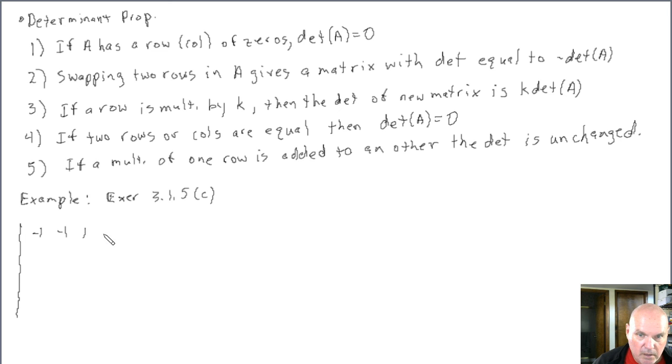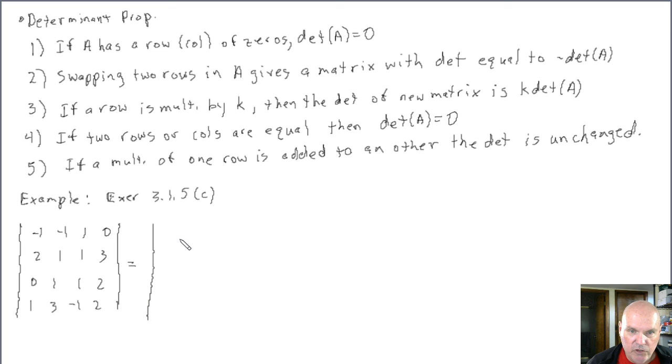The first row is -1, 1, 1, 0; then 2, 1, 1, 3; then 0, 1, 1, 2; then 1, 3, -1, 2. Then I'm going to use property number 5 here to try to get some more zeros in the first column.